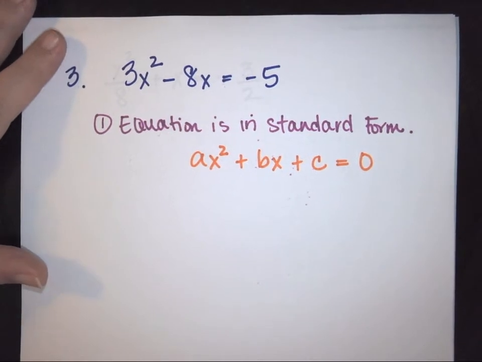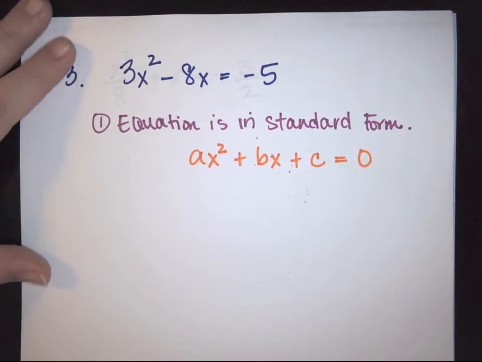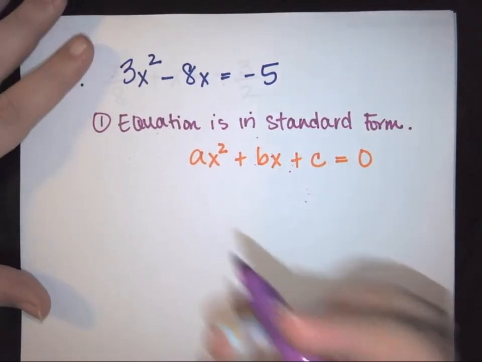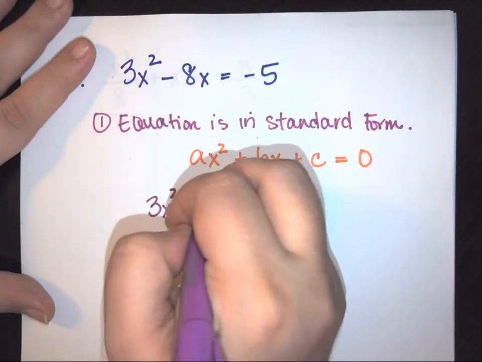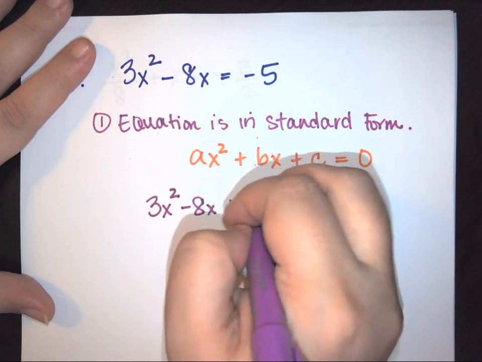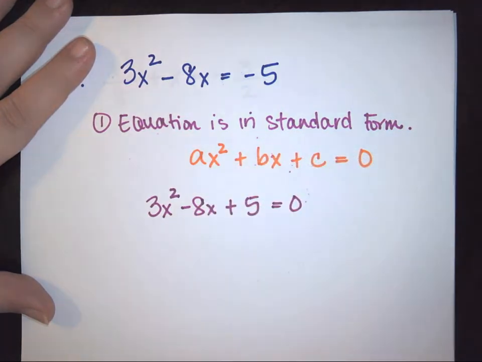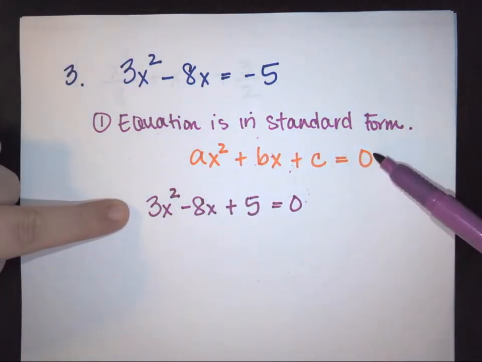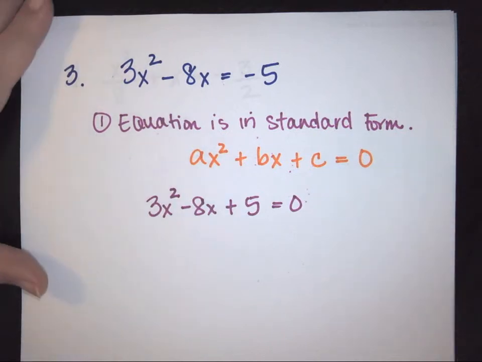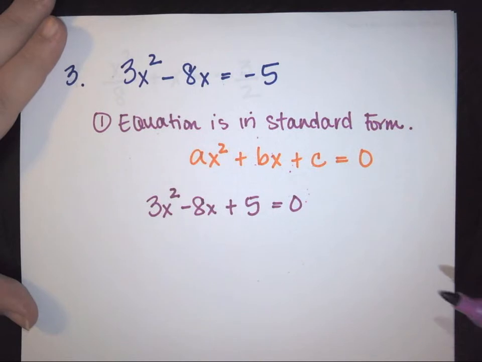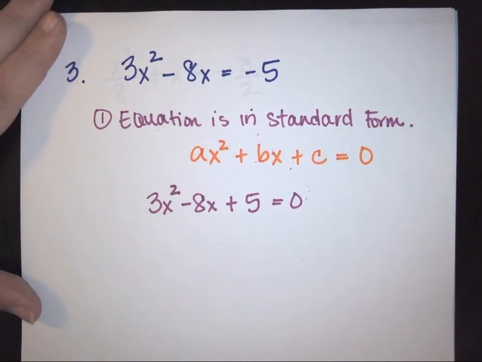Since it is already negative, to move it says I have to add, thus making my equation 3x squared minus 8x plus 5 equals 0. Now my equation resembles standard form and it is set equal to 0, which means I can start in on trying to solve by factoring.